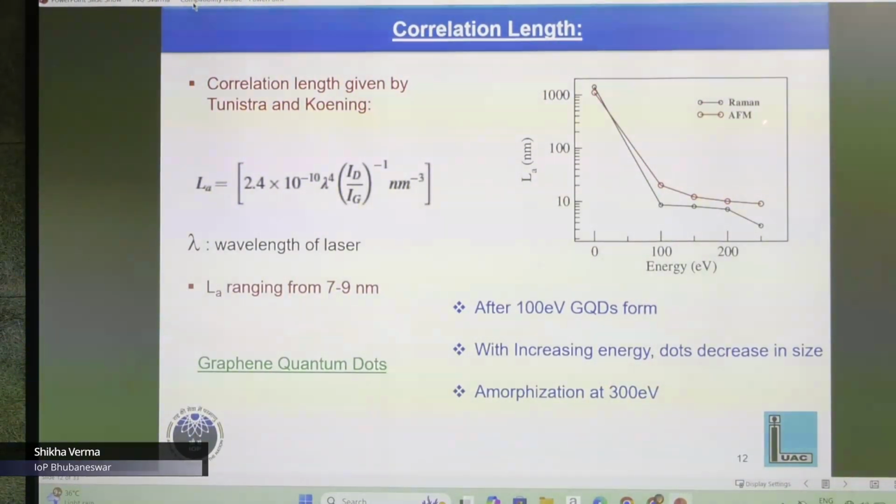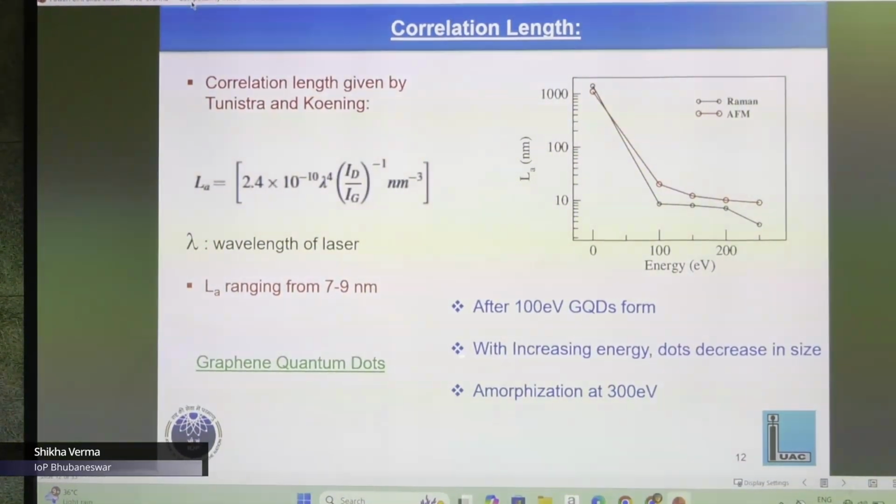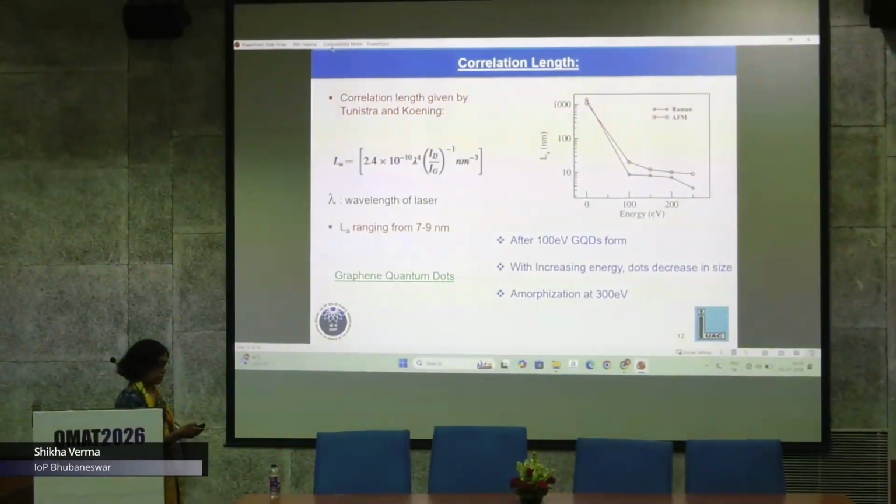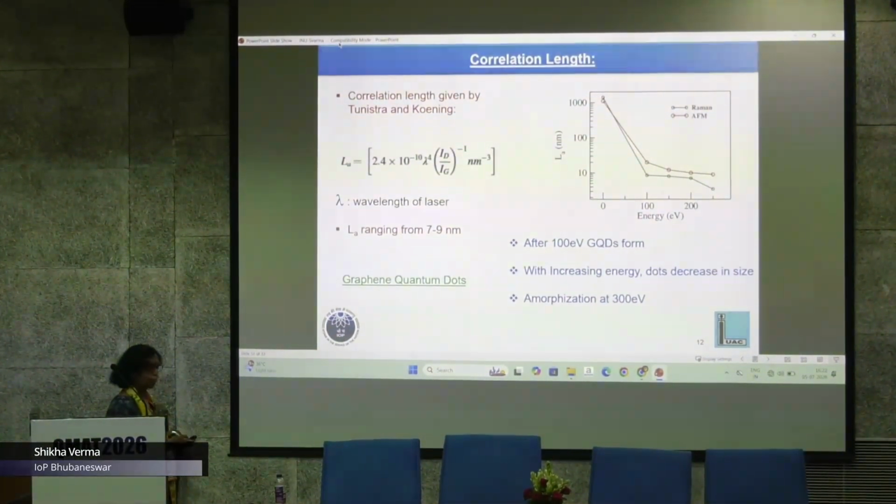One can also calculate these quantum dots or sp2 domains from AFM where the damage is not there, and one sees that starting with the single layer graphene, one can create nano dots or quantum dots between 9 nanometer and 3 nanometer, and these mostly get produced around 100 eV argon ion energies. So with increasing energy, the dot size decreases, and at 300 eV there is actually amorphization, as shown by the Raman studies.